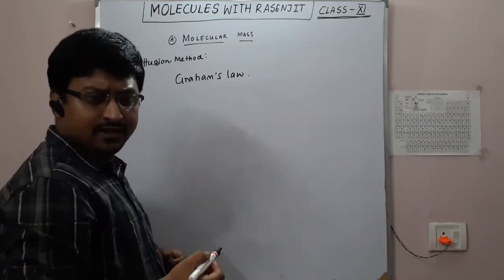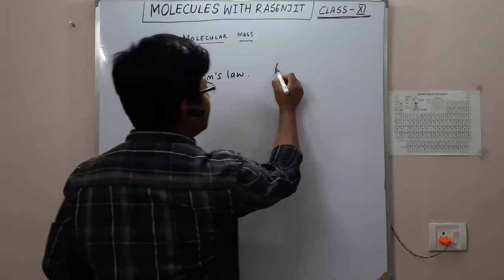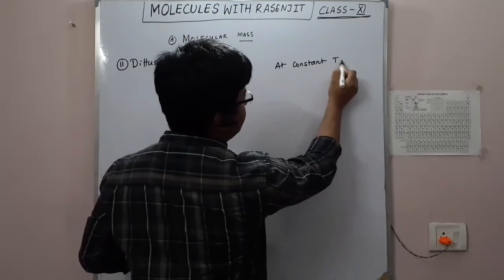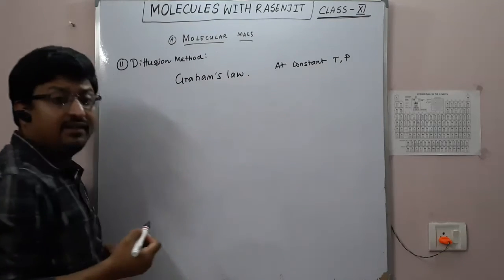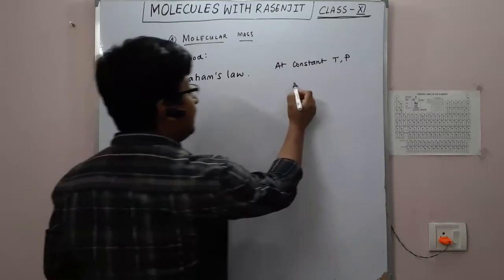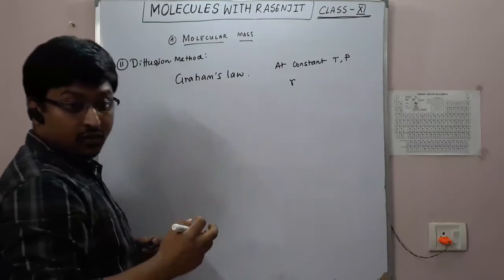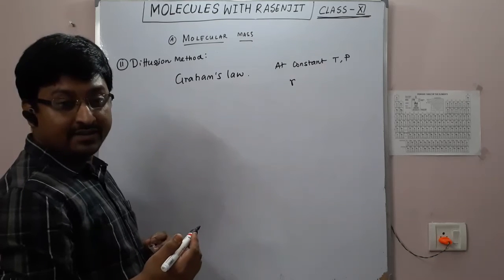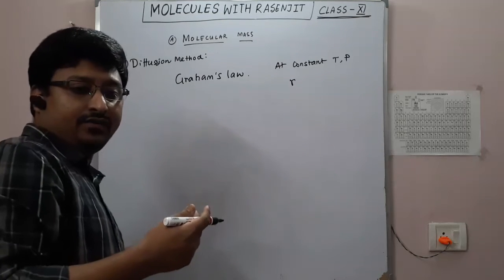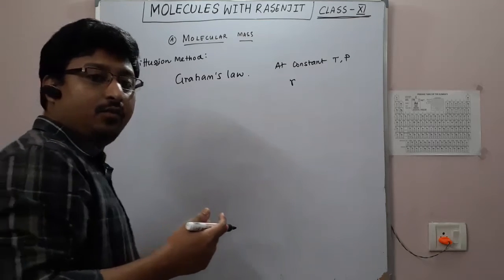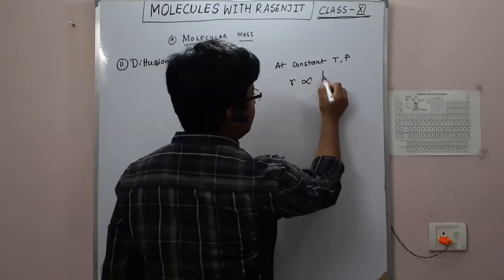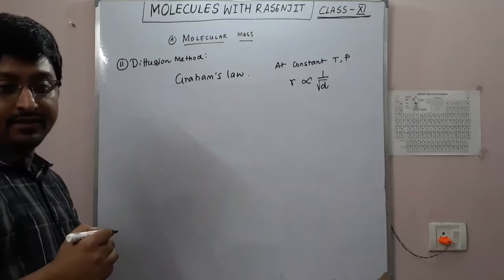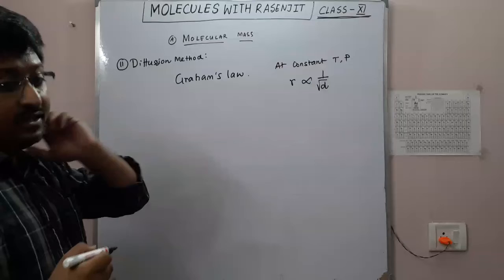Graham's law says that at constant temperature and pressure, the rate of diffusion R of a gas is inversely proportional to its density.